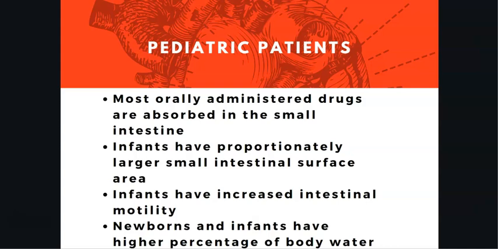Newborns and infants have a higher percentage of body water. So historically, there is the perspective of pharmacokinetic differences in children, the developmental aspects of pediatric prescribing. There are different factors that influence positive outcomes, like some of what I've already talked about. Absorption is very unpredictable in children compared to adults.